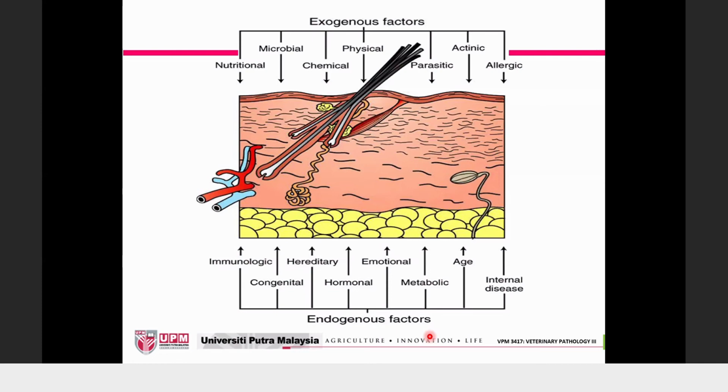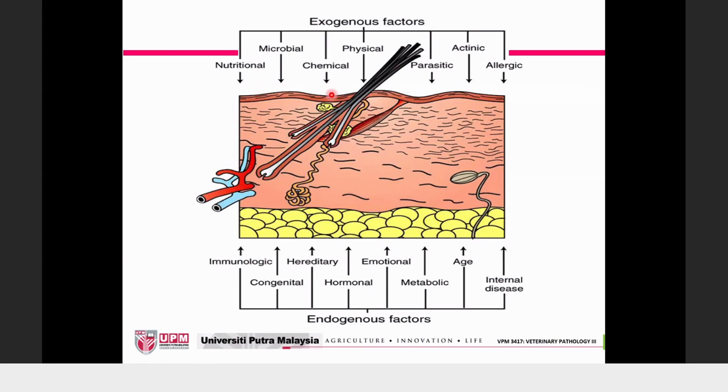And then you have to perhaps do more diagnostic workup, maybe skin biopsy, scraping, fungal culture or bacterial culture. So diagnosing skin disease is not straightforward. It can be complicated, so bear in mind all these factors. For example, exogenous factors, meaning factors coming from outside. Nutritional: if you don't have enough nutrition, definitely your skin will not be that flawless or beautiful.